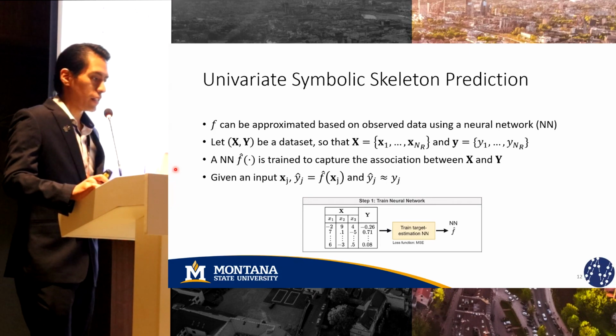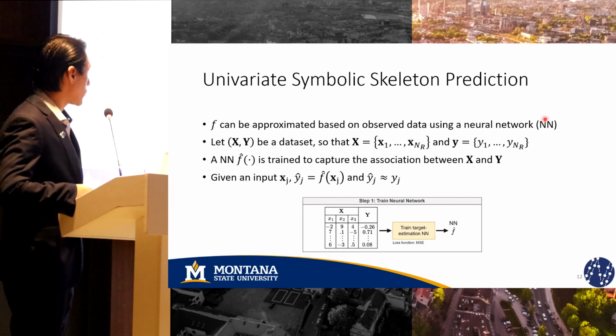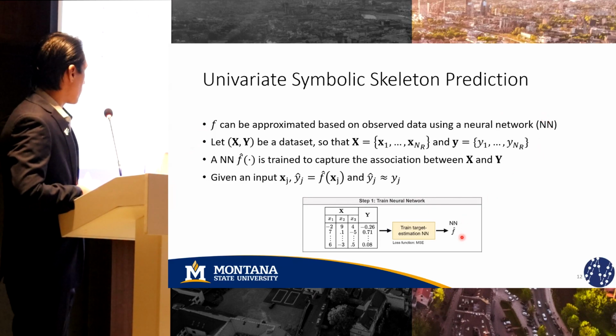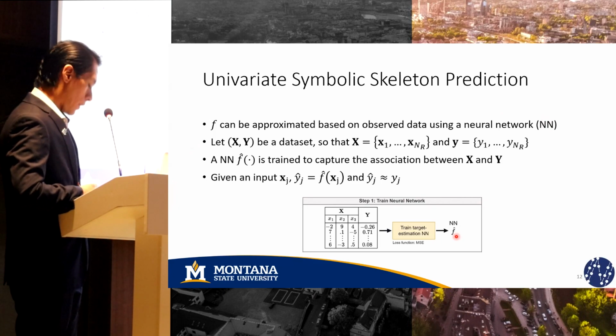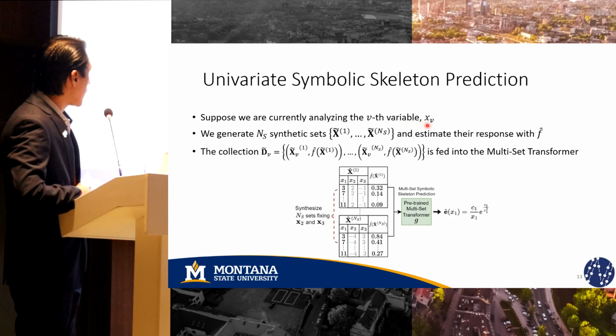So the first step is to approximate the behavior of the underlying function of the system, and we're going to use a neural network denoted F tilde. Basically, we're going to train it in the old-fashioned way, just by minimizing the mean square error. Now suppose that we want to analyze one specific variable of the system, xv. In this example, xv is equal to x1.